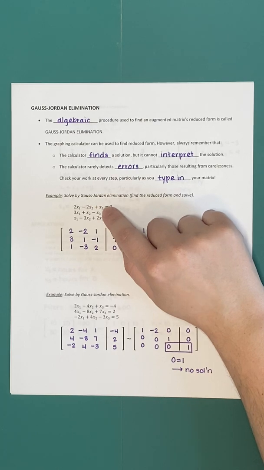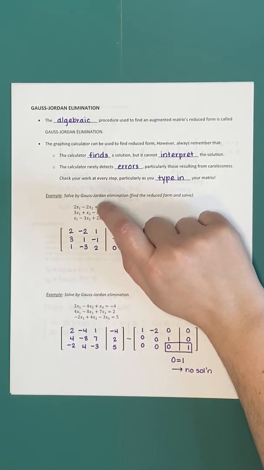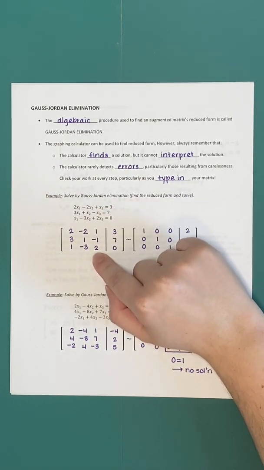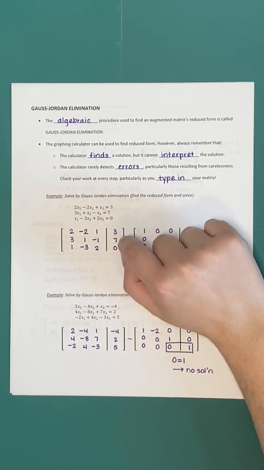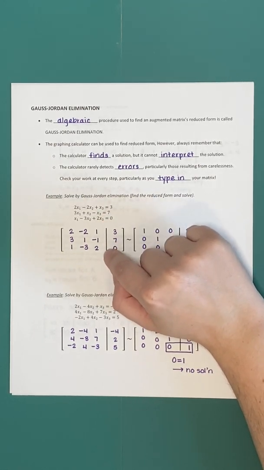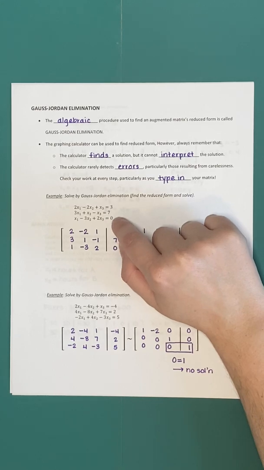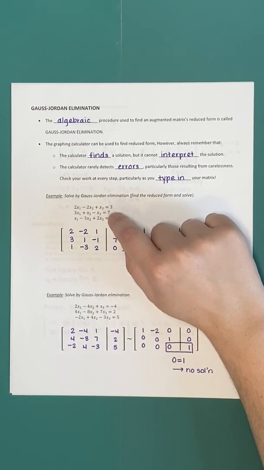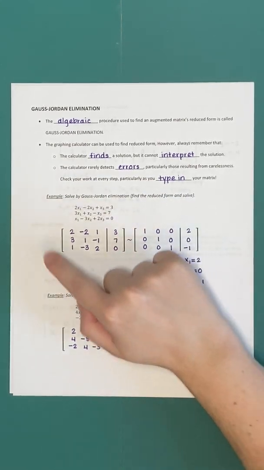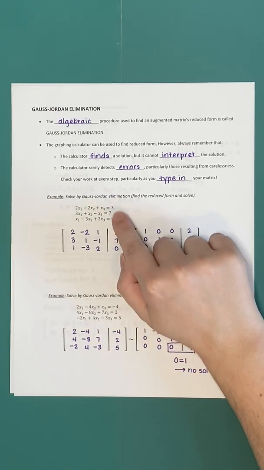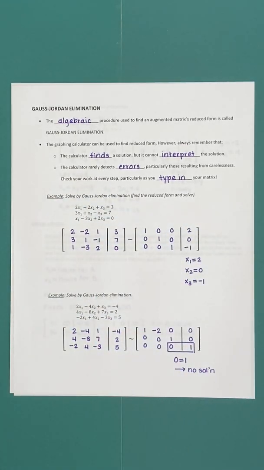And then our third column is going to be 1, -1, and then +2. And then remember, our equal signs are represented by that vertical line. And then we're going to write the constants on the right-hand side of that line. So 3, 7, and 0. So that is going to be the matrix form of this particular system of equations.